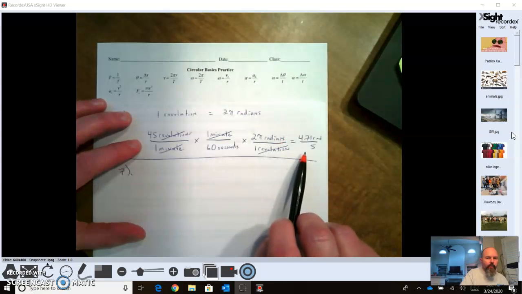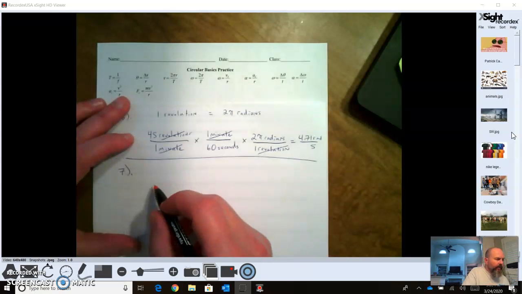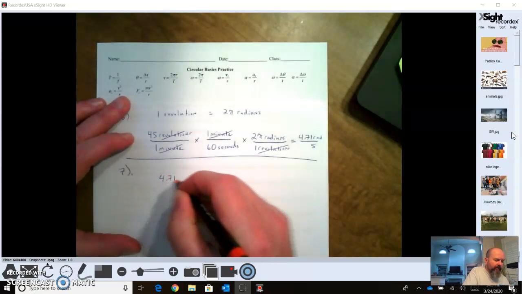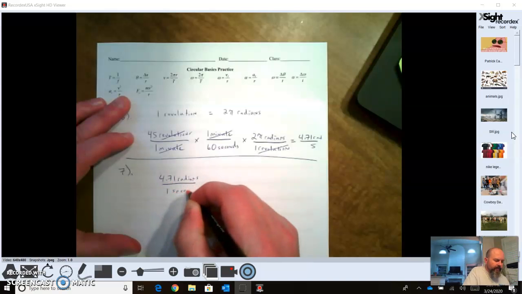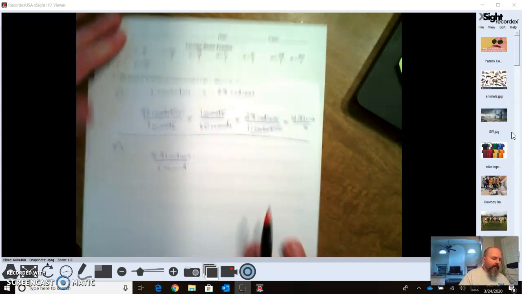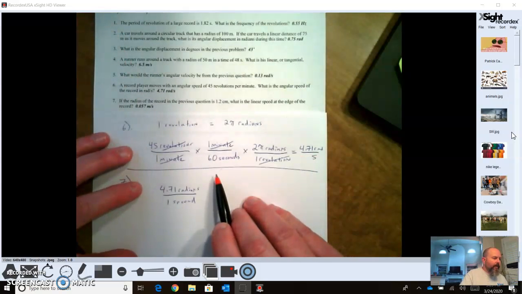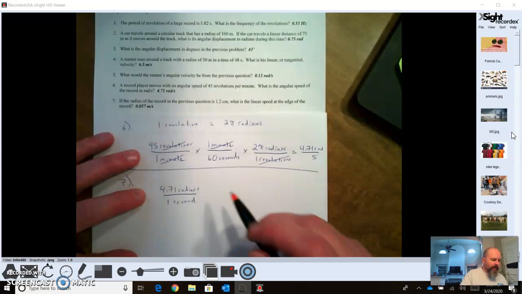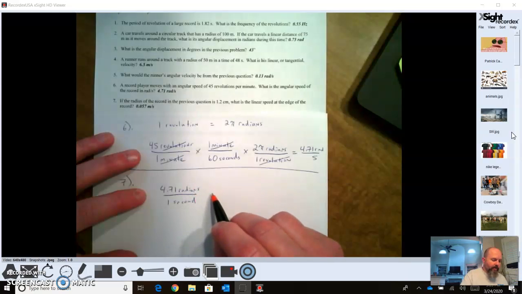Well, here in this question, we have the angular quantity, and we're trying to get the linear answer. So for number 7, we start with 4.71 radians in 1 second. That is radians per second, that's omega, and the question says, what is the linear speed? Okay, so what we have to do is multiply by the radius, so we can get radians out of this and get meters per second.